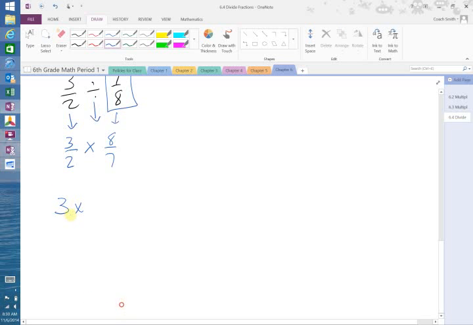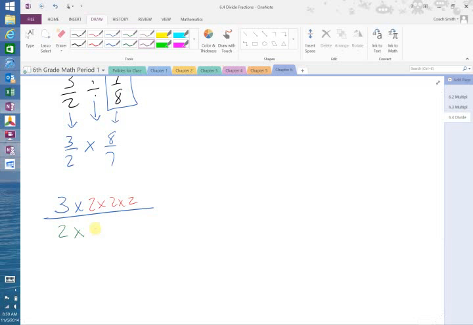Now, once again, you can do this the other way that we talked about the other day. We can go 3 on top, then 2 times 2 times 2, and on bottom, we can go 2 times 7. And then that 2 and that 2 cancel out.